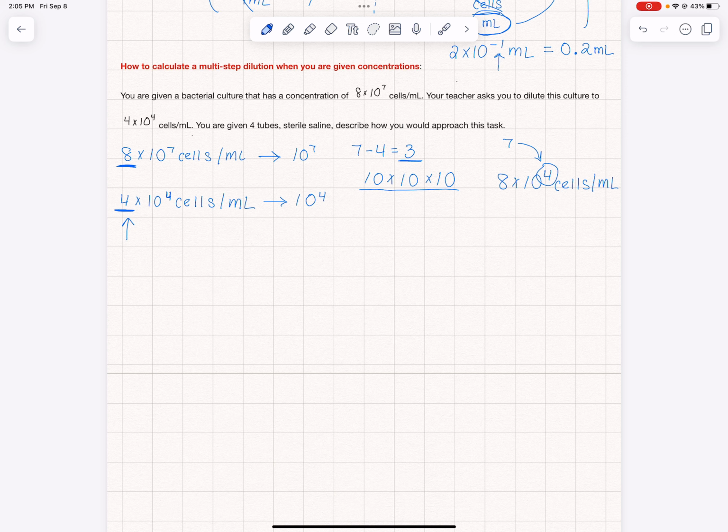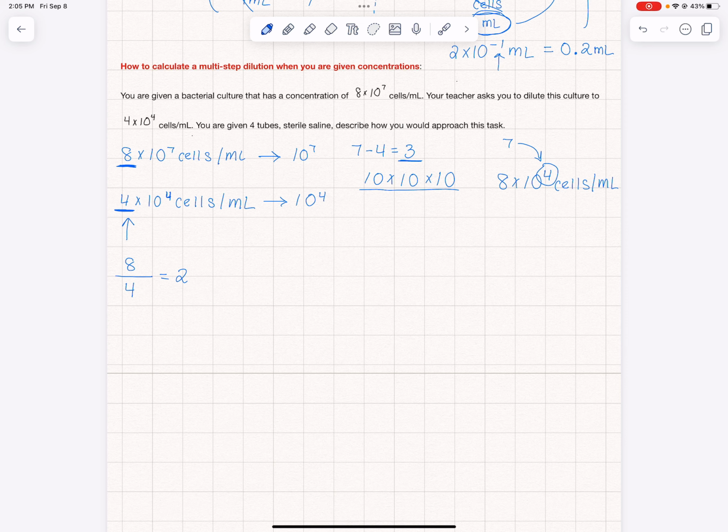And so how I would do this would be to then take our two numbers, so we can just kind of ignore our 10 to the 4th right now, and I would divide them. That would give us an answer of 2.